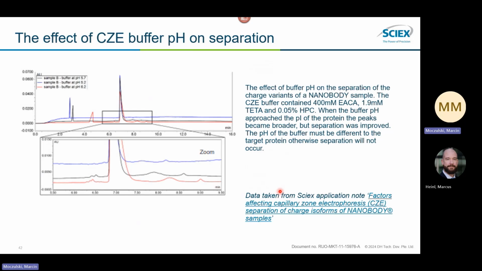Also, by modifying pH, increasing or decreasing the pH of the standard buffer, which is originally approximately 5.7, we can affect the protonation of separated proteins, knowing that we are able to protonate only proteins with a pI higher than the pH of the buffer. That means we can protonate any proteins or peptides above pI 6.